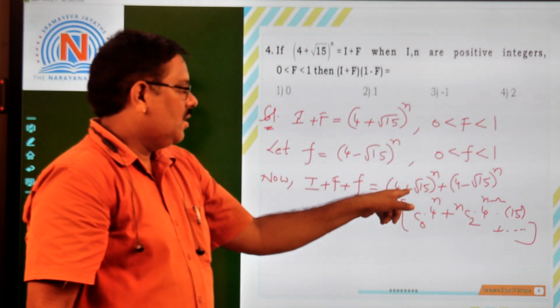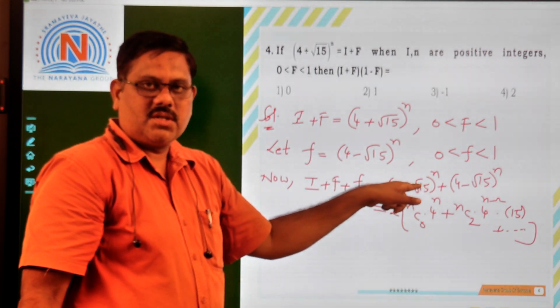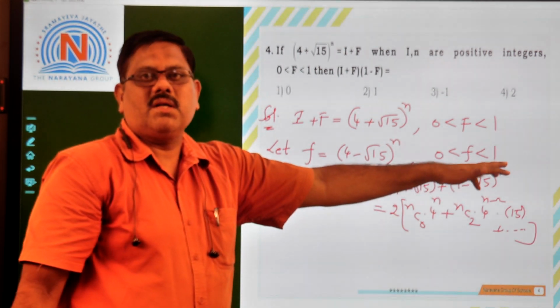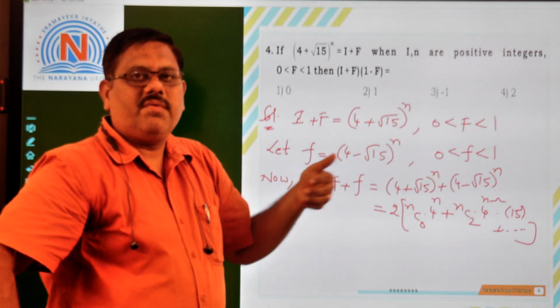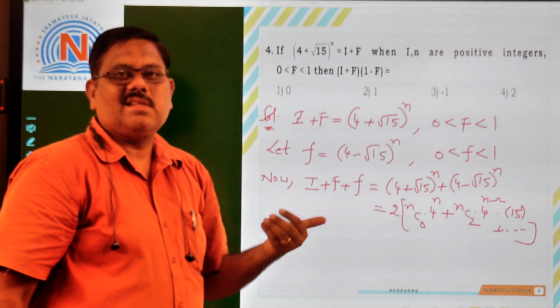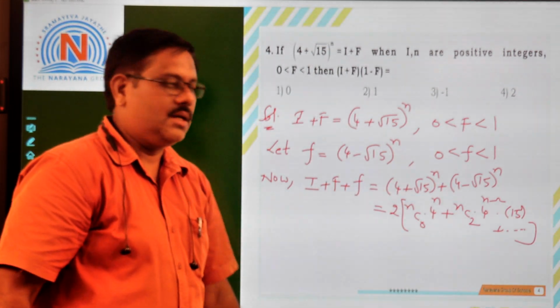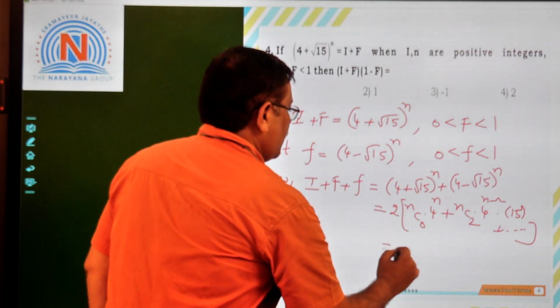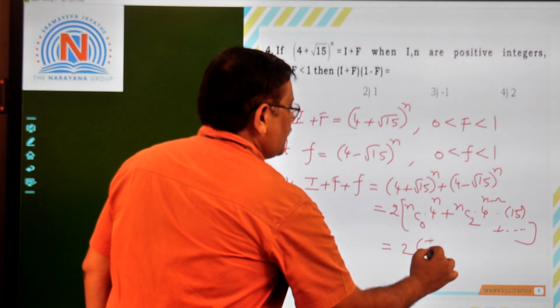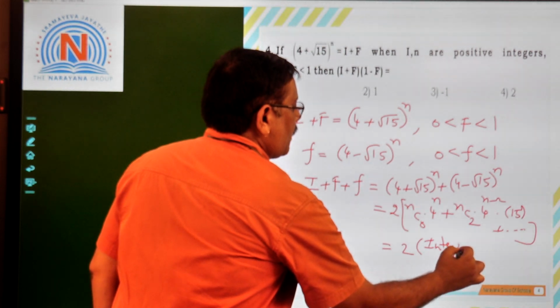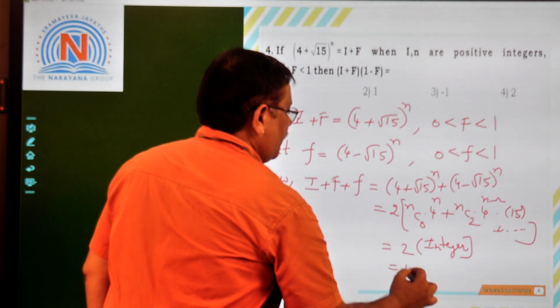Here all these coefficients are positive, whereas plus and minus alternate, so the terms involving nC1, nC3, nC5 will all be cancelled. So now we have this as 2 times some integer value, that is otherwise an even integer.